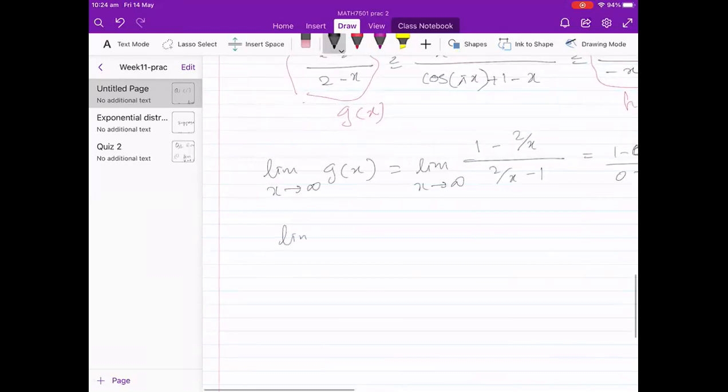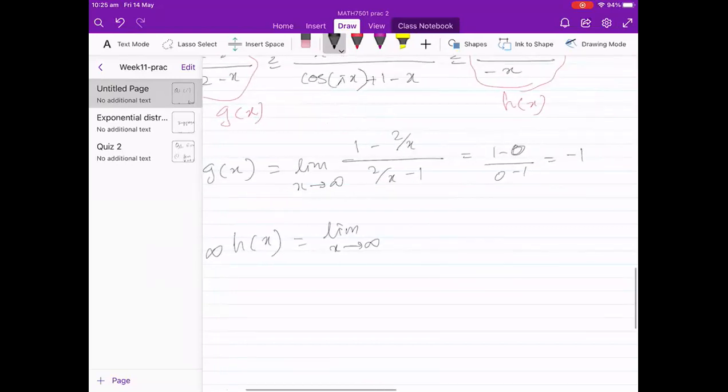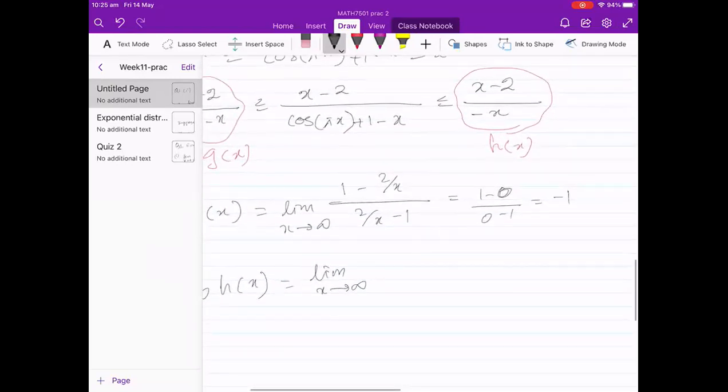And then limit as x tends to infinity of your h(x) is equal to the limit as x tends to infinity. Use the same rule, divide by x, because 1 is the highest power of x in the denominator. So that's 1 minus 2 by x over -1, which is -1.